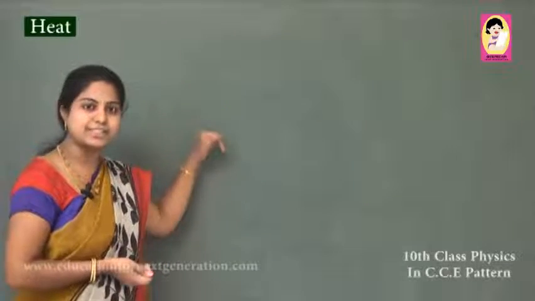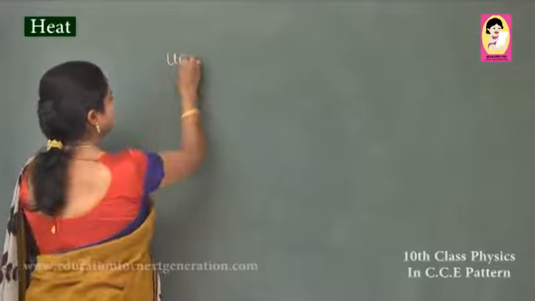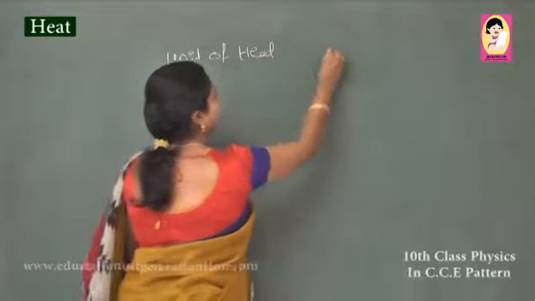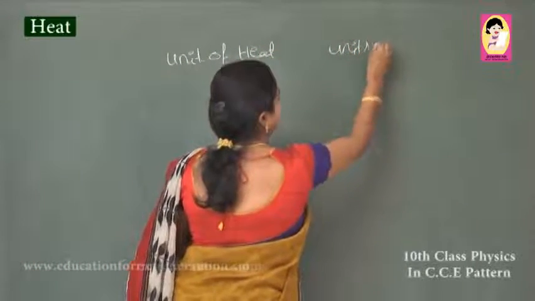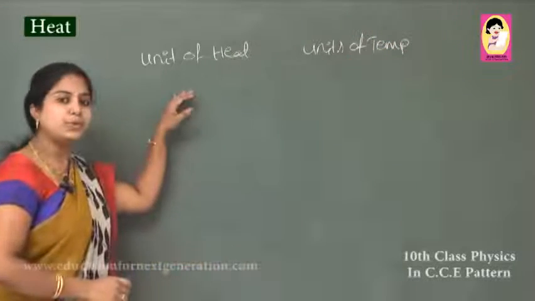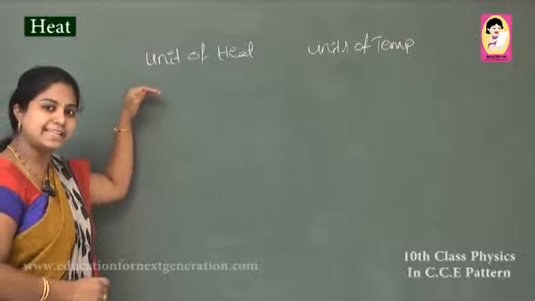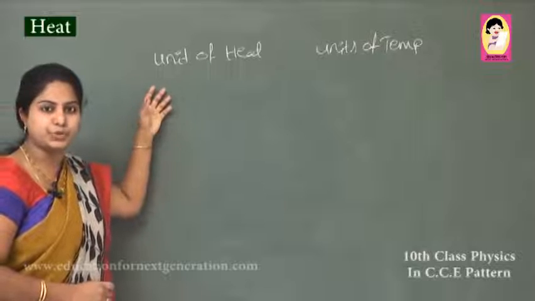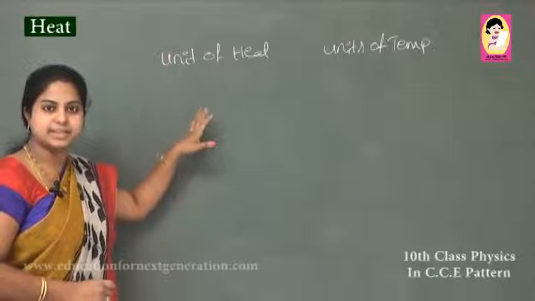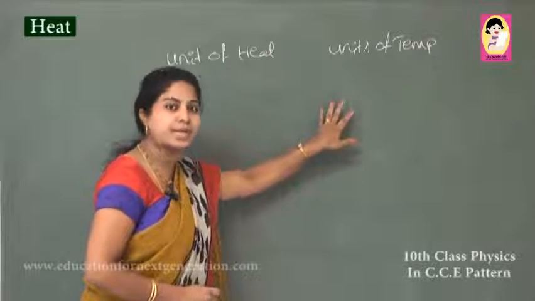Next one is units of heat and units of temperature. Anything can be measured in units. If you take water, it will be measured in liters, mLs, etc. Like that, heat can also be measured, temperature can also be measured.